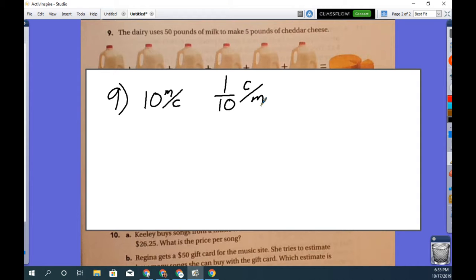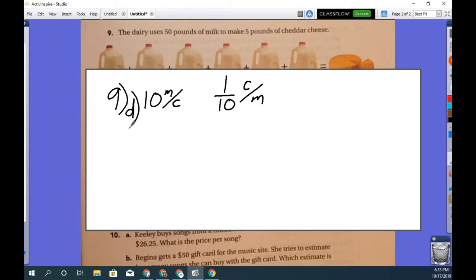So you would end up with 1/10 of a pound of cheese for every pound of milk, or here you need 10 pounds of milk to create 1 pound of cheese. So that is our rate of proportionality for 9D. It's going to be one of those two, depending on the equation that your student found.